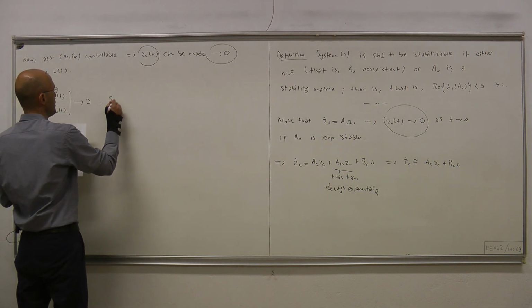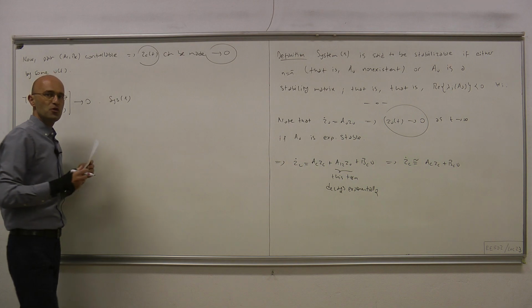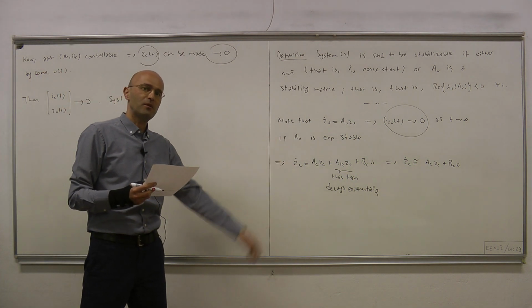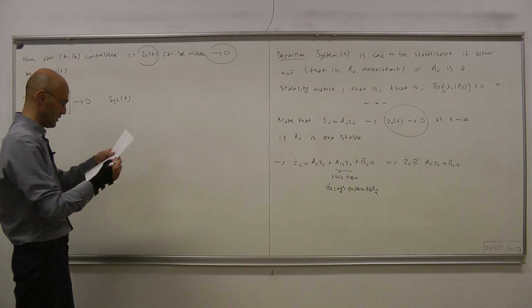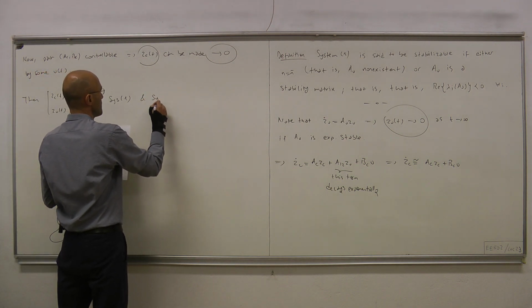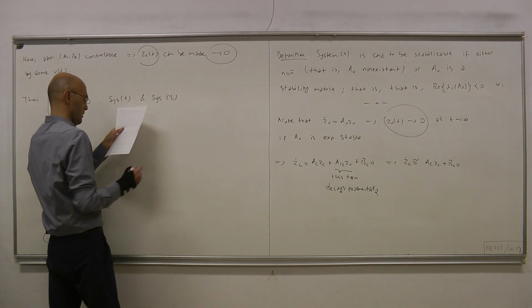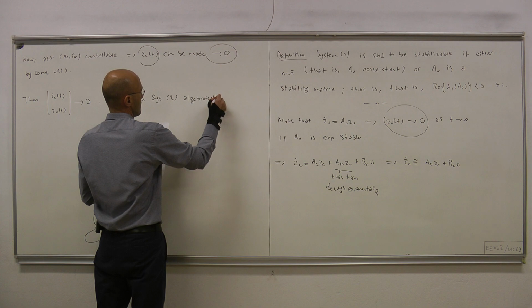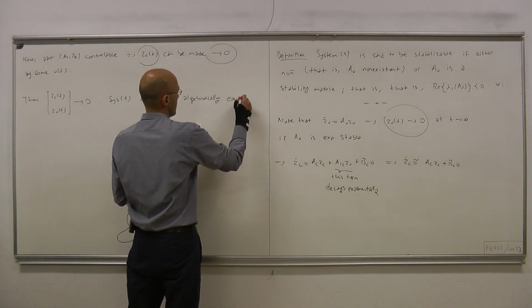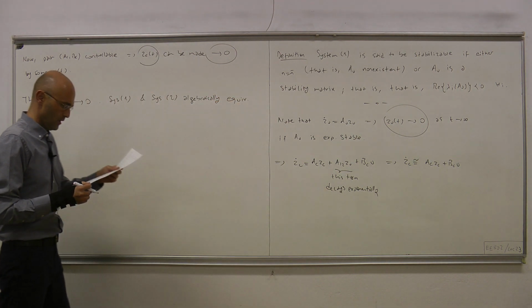Okay. Now, we know that system 2 is obtained from system 1 through a similarity transformation. Therefore, system 1 and system 2 are algebraically equivalent.